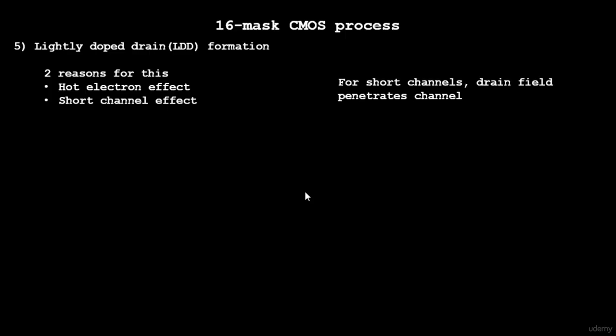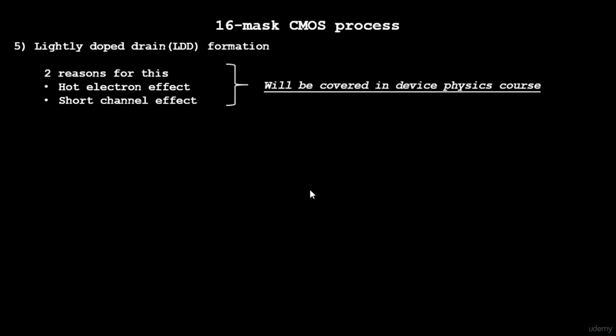We can use phosphorus, or we can use arsenic. Arsenic is also an n-type impurity, so it doesn't matter. We'll use an energy low enough to maintain the arsenic doping just to this level, and this in turn will help you control the threshold voltage of your PMOS as well. So that's about the threshold voltage.